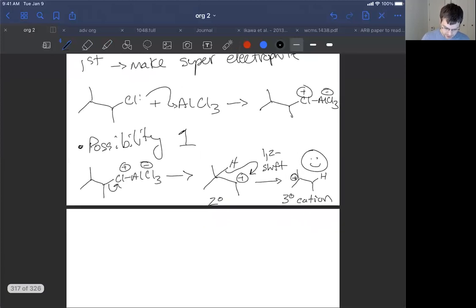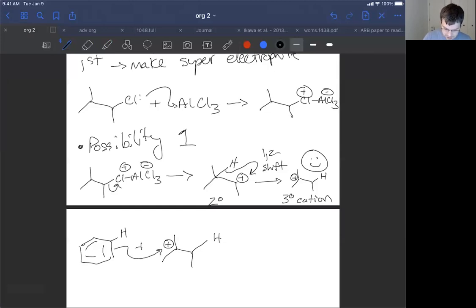Now, when that happens, the benzene has a new opportunity. The benzene could react with this carbocation, which is stable and is going to sit around a lot longer in the flask. Maybe that secondary carbocation was so unstable that it didn't wait around too long before it pushed a hydrogen over to get to something more stable.